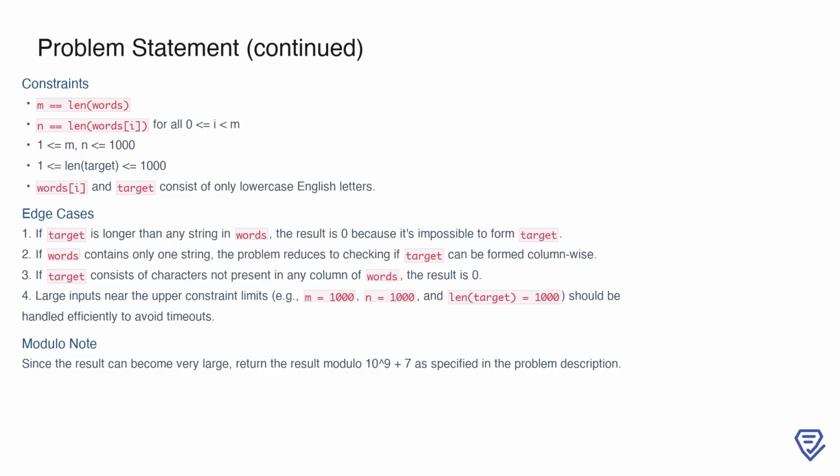Similarly, if target contains characters not present in any column of words, the output is also 0. For large inputs near the constraint limits, the solution must be efficient to avoid timeouts. Lastly, as the result can grow very large, we return the answer modulo 10 to the power of 9 plus 7 to ensure the output remains manageable and follows the problem's requirements.